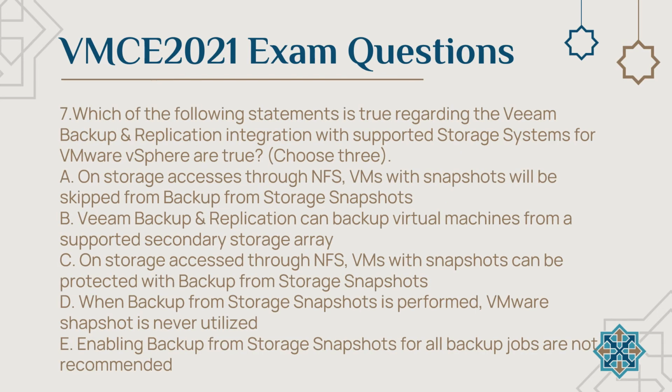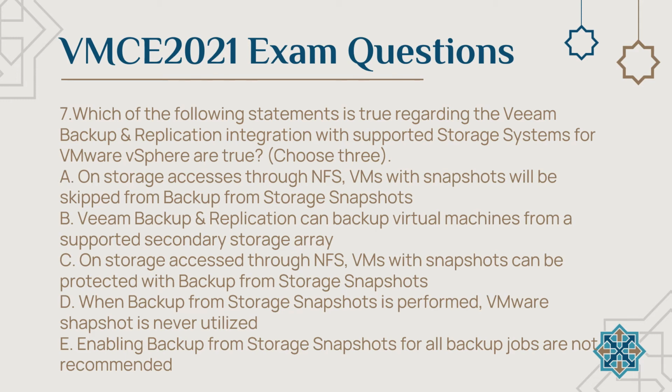7. Which of the following statements regarding the Veeam backup and replication integration with supported storage systems for VMware vSphere are true? Choose 3. A. On storage access through NFS, VMs with snapshots will be skipped from backup from storage snapshots. B. Veeam backup and replication can backup virtual machines from a supported secondary storage array.